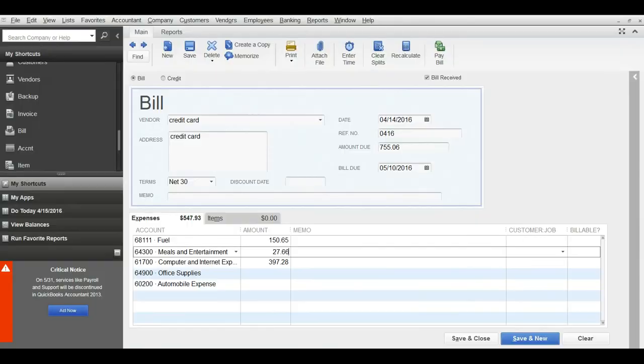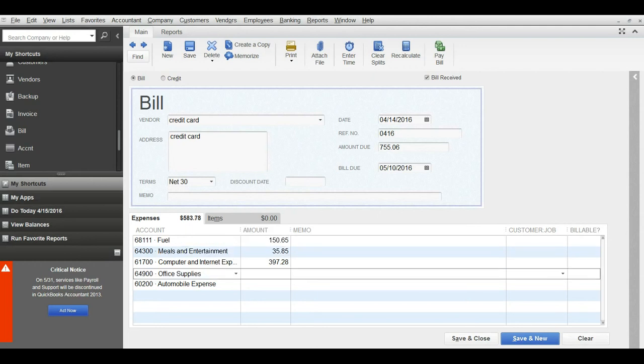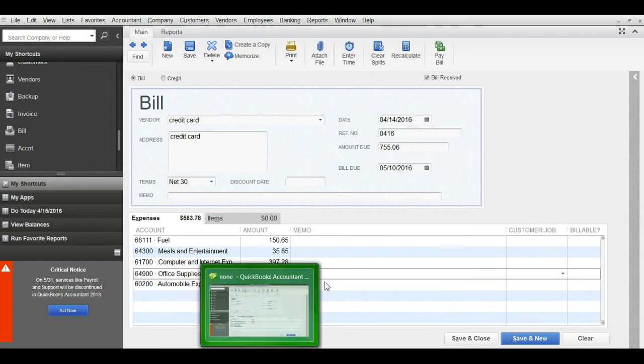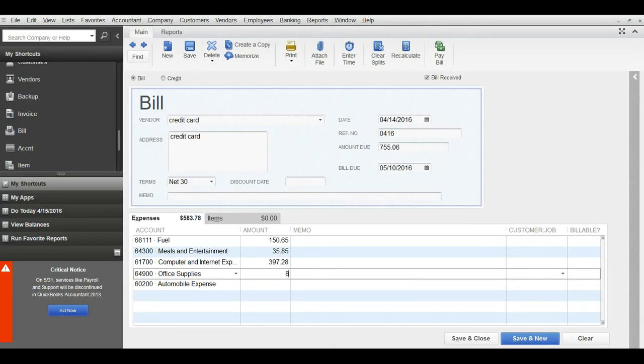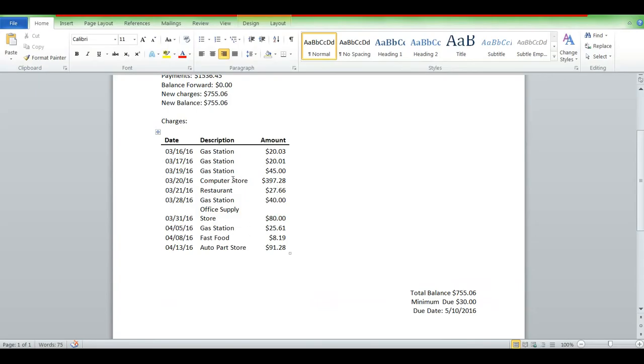That's $8.19 plus, and I'll tab away, and there's my total meals and entertainment. Now I put office supplies because I saw this. Office supply store, $80. And there's only one, so I would have only put one in.